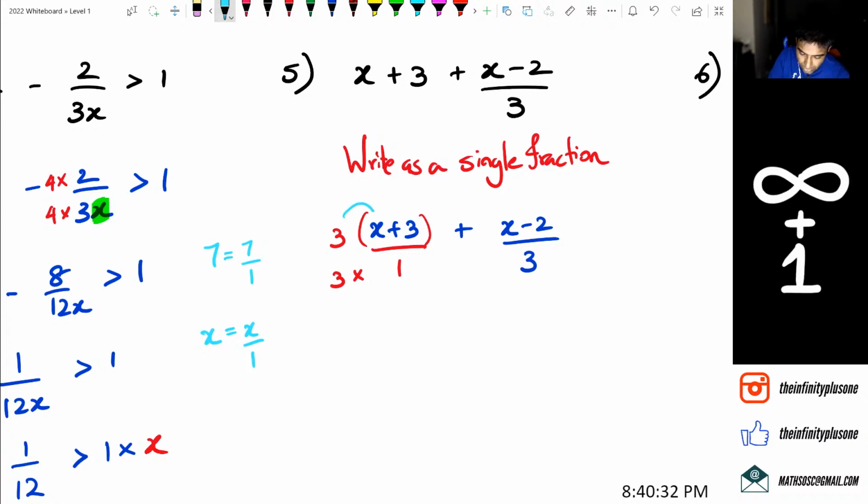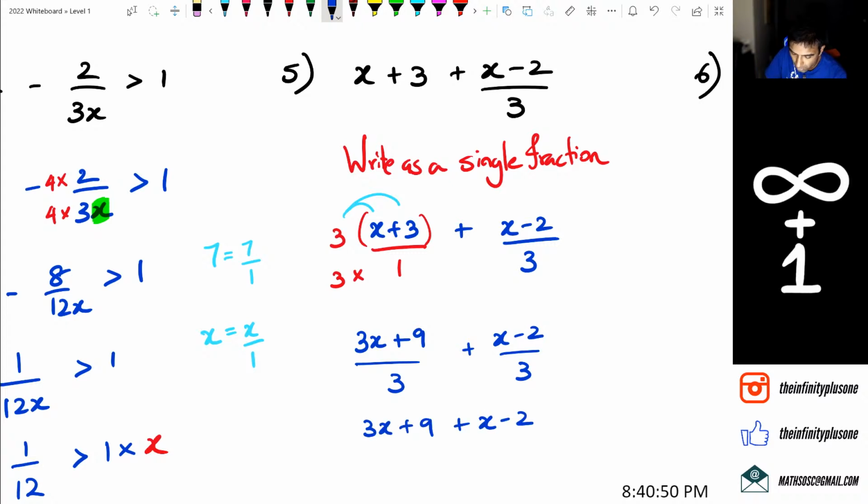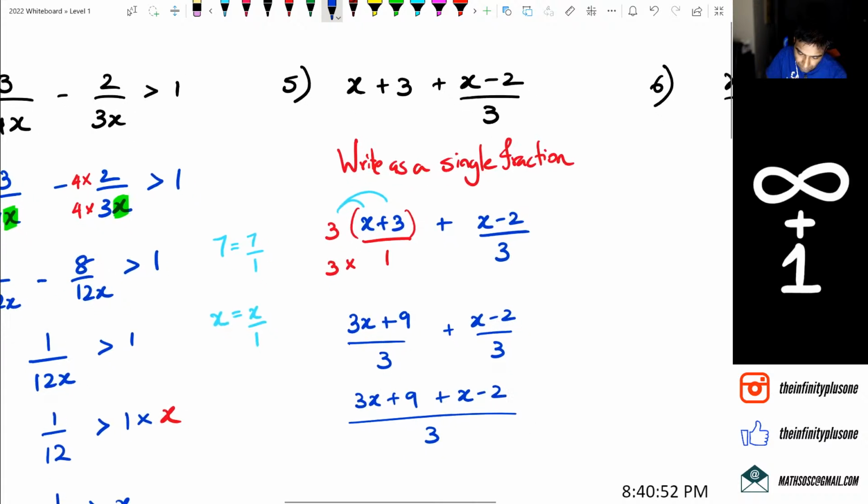Because of that, we're going to do 3 times x, which is equal to 3x, 3 times 3, which equals 9, and we're going to get 3x plus 9 over 3 plus x minus 2 over 3. Putting it all together, we're going to get 3x plus 9 plus x minus 2, and all of it is over 3.